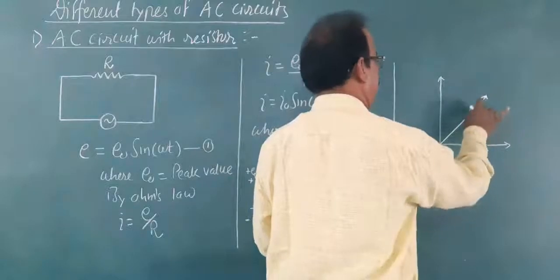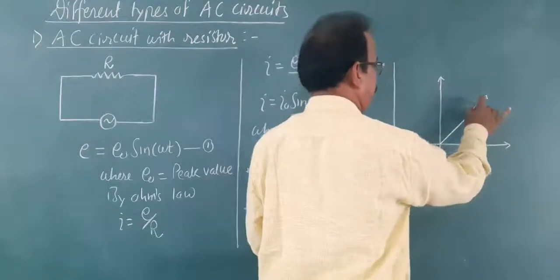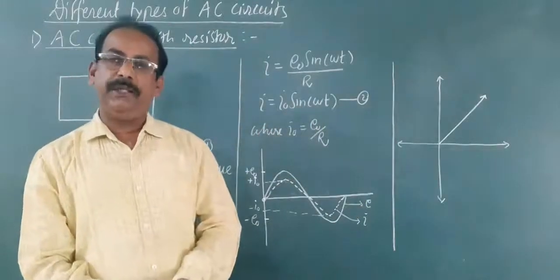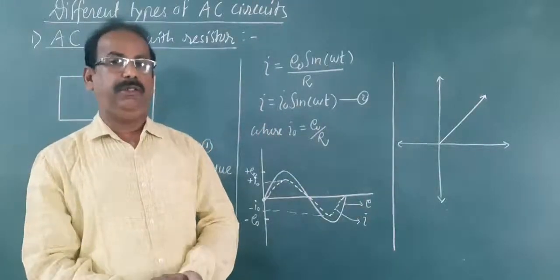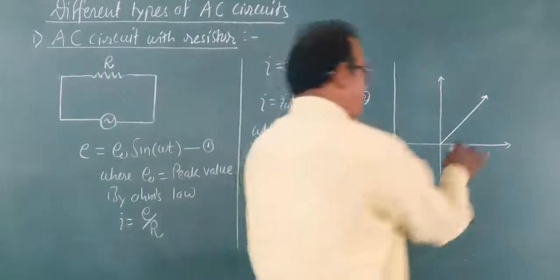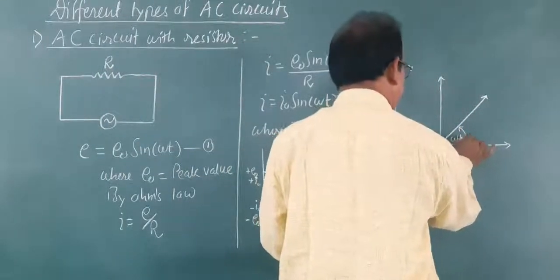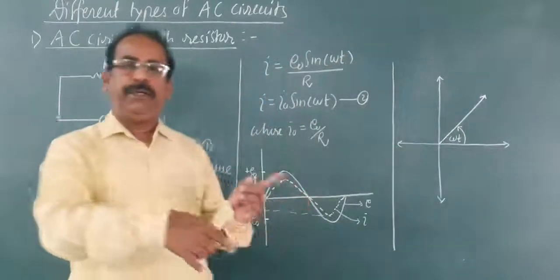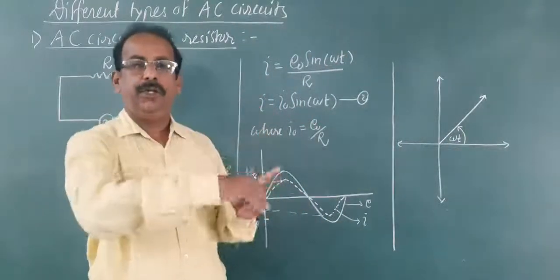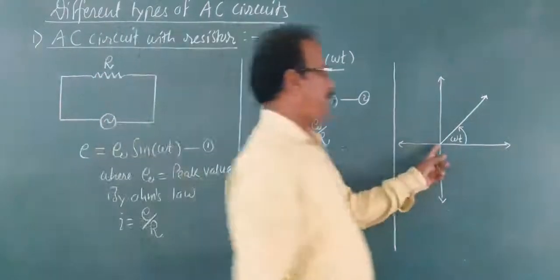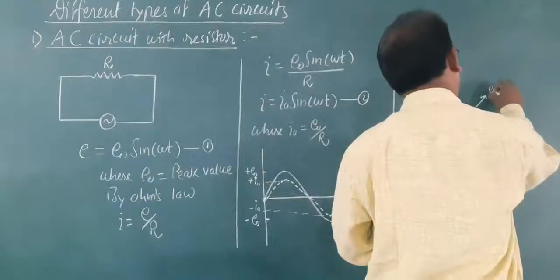This is the phasor for EMF whose magnitude is equal to E0. And show the phase omega t by rotating that vector in the anti-clockwise direction.